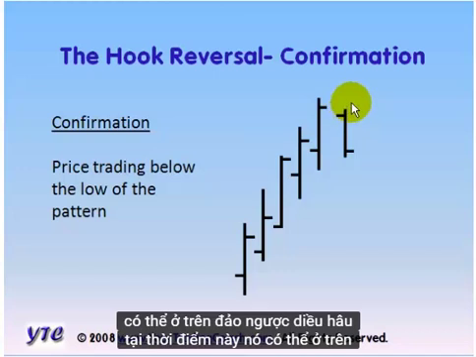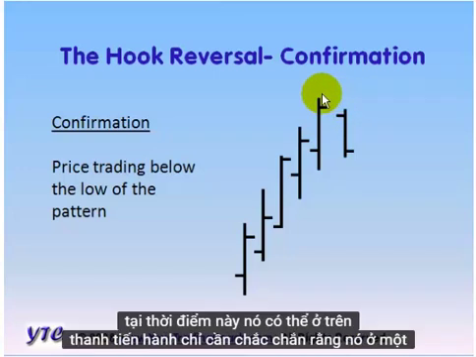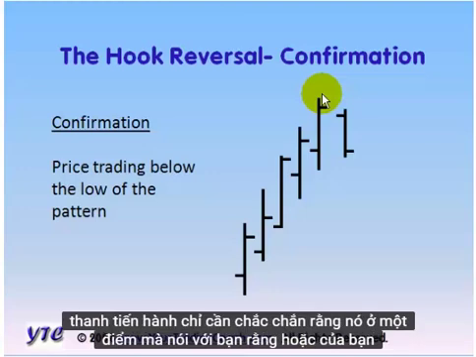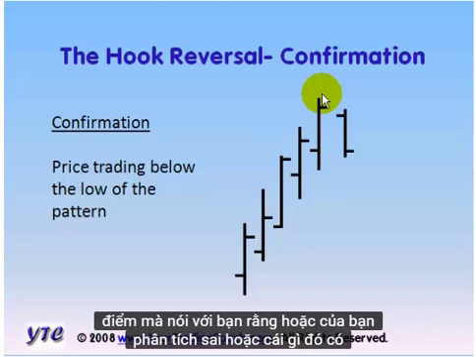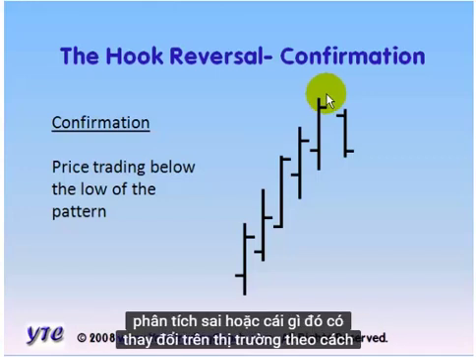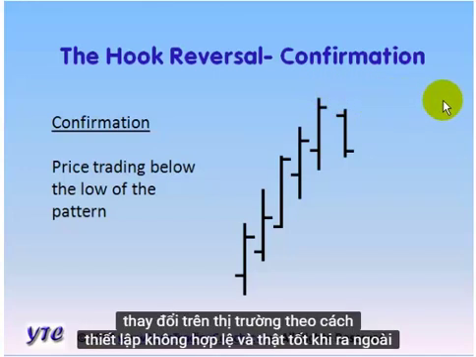It may be above the preceding bar. Just be sure it's at a spot which says to you that either your analysis was wrong or something has changed in the market. Either way, the setup's invalid and it's good to be out.